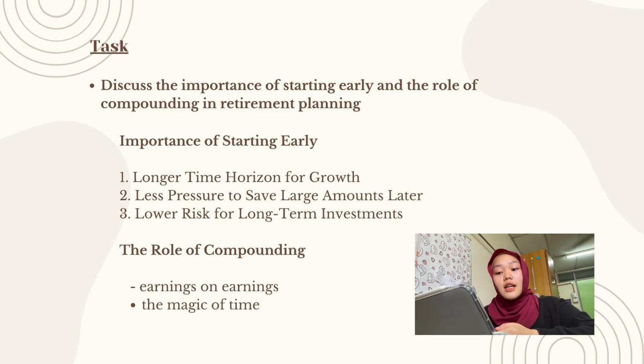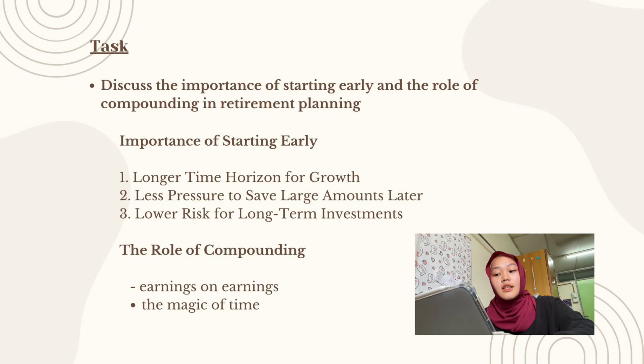This is because the earlier you start, the more time you give your investment to grow exponentially. The second one is less pressure to save large amounts later. This means starting early allows you to take a more gradual approach to savings, avoiding the need to make large contributions in the later years to catch up. This can make retirement saving more manageable and reduce financial stress in your later working years.